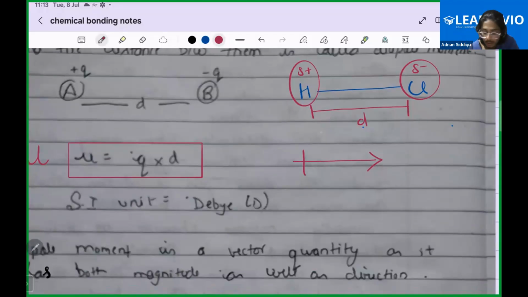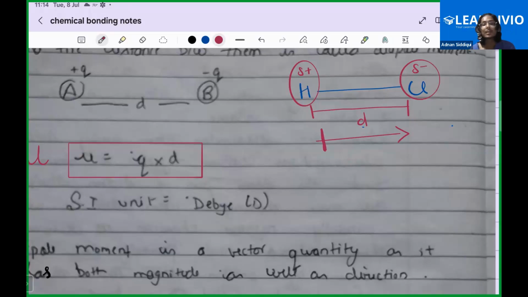So due to the shifting of electron cloud, we will use this sign. Are you seeing this arrow? This arrow is basically representing the dipole moment. It is representing the shifting of electron cloud. The electron density is moving from left to right. This is your dipole moment. Dipole moment basically represents the movement of electron density.